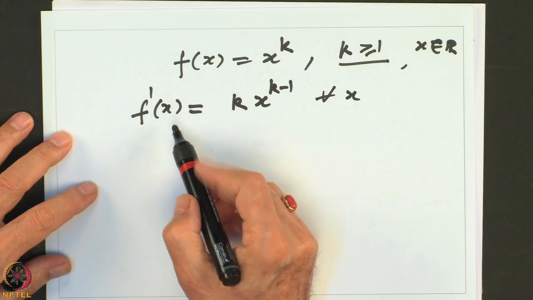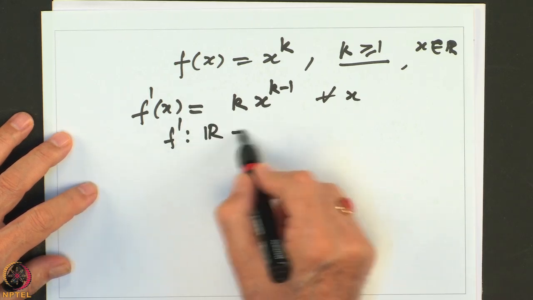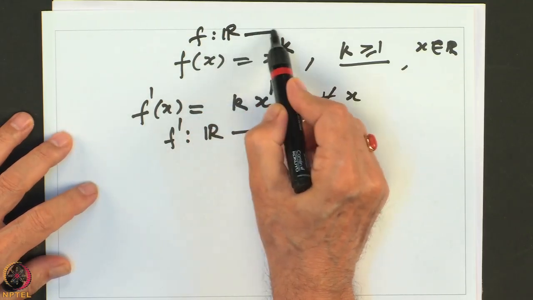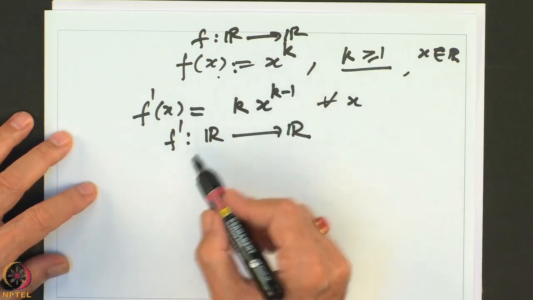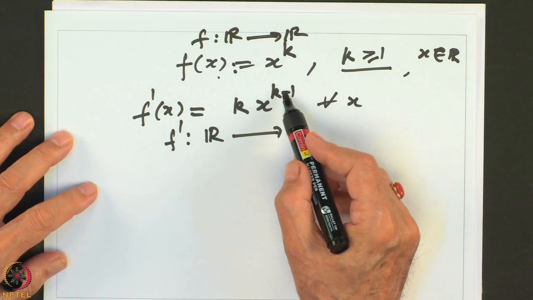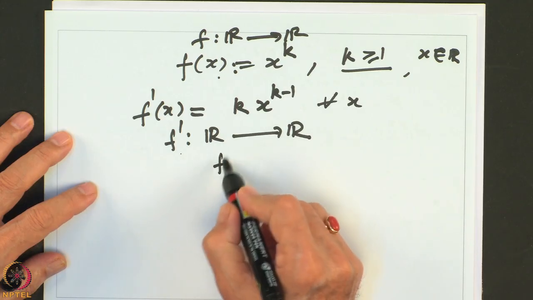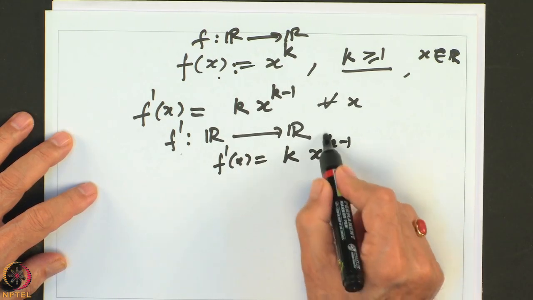So f' is again a function defined from R to R. f was a function from R to R given by f(x) = x to the power k. Because the function is differentiable everywhere, f' is again a function, and f'(x) is equal to k times x to the power k minus 1.